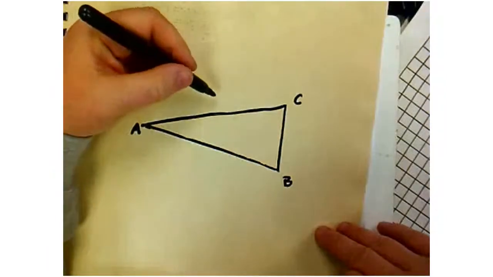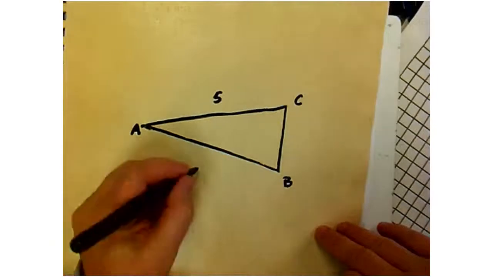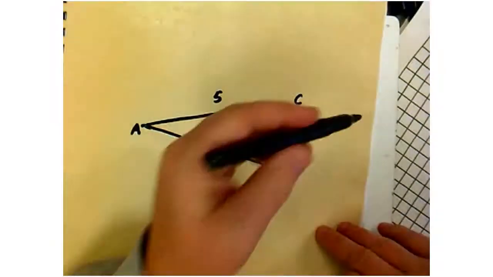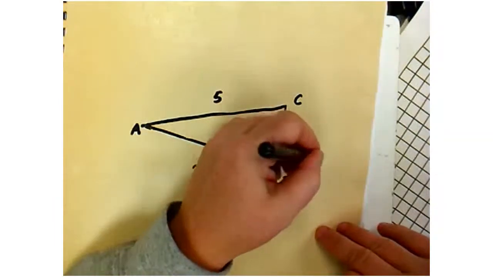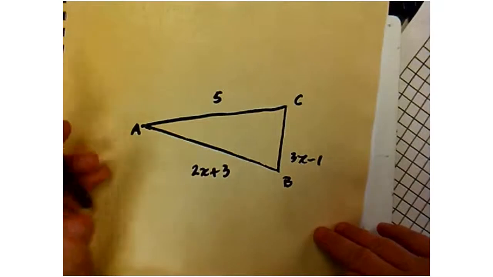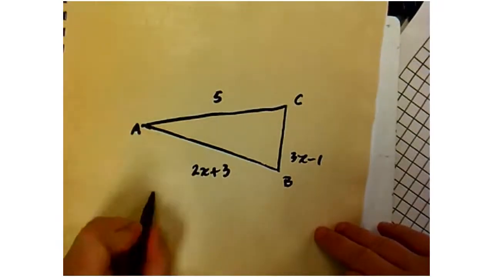AC is 5. AB is 2x plus 3. And BC is 3x minus 1. Well, what do we know AB is for sure? 5. Now we're going to make 2x plus 3 equal to 5, aren't we?